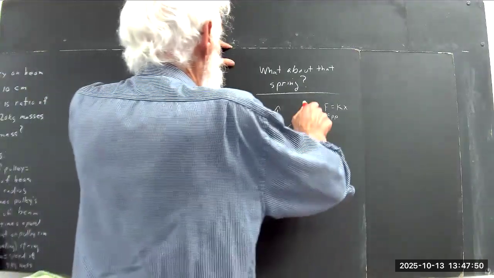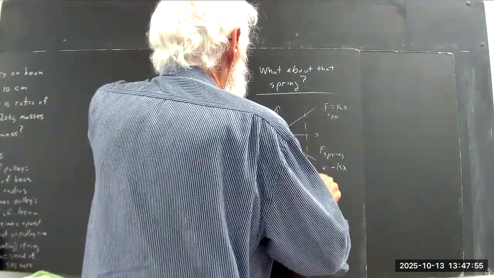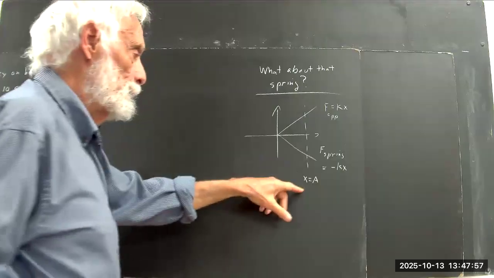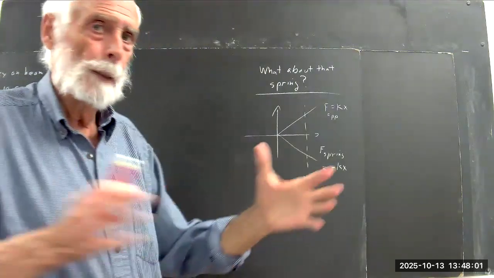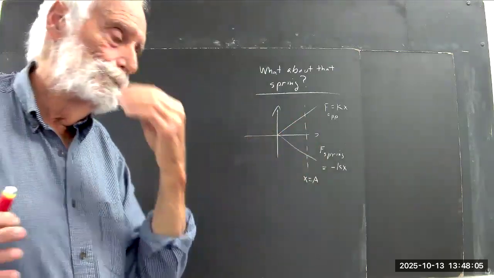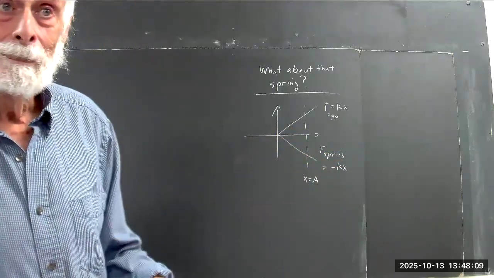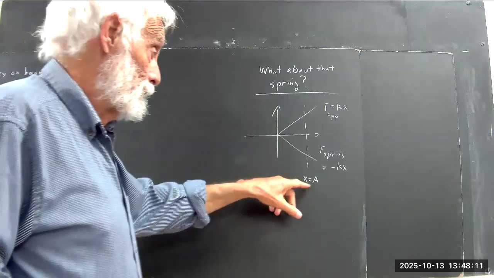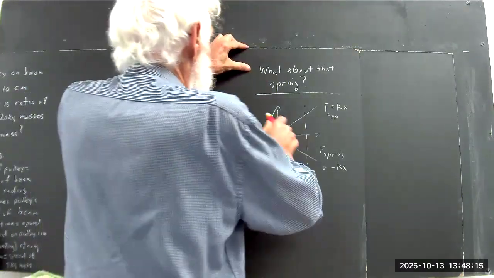The force exerted by the spring is negative k times however far you extend it. So if we just take a specific x, like x equals capital A, which stands for the amplitude, the maximum extension, the maximum stretch of the spring, we can make this explicit.